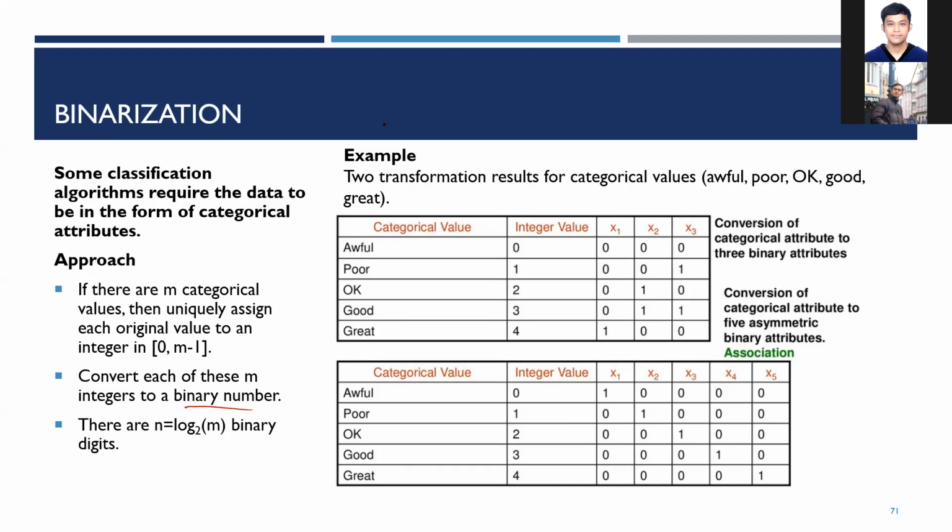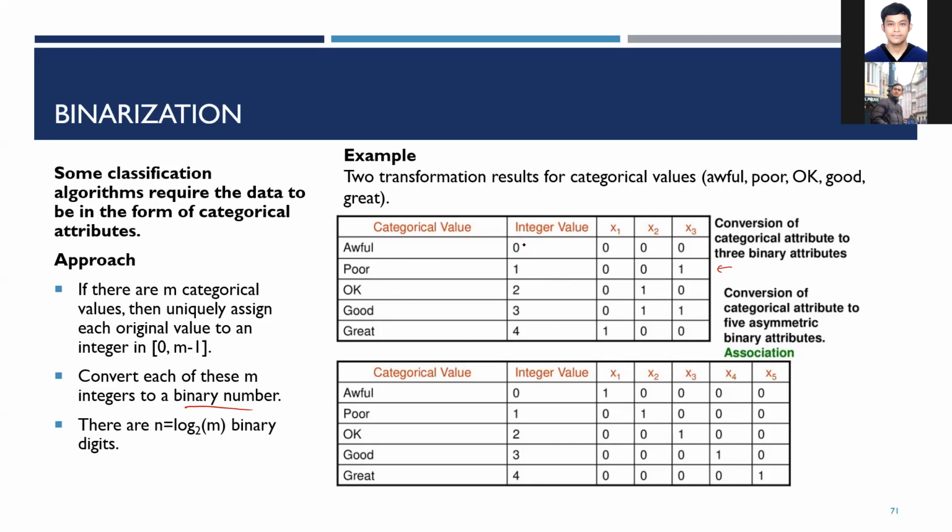So what we can do is transform it like this. Here the categorical value, for example a Likert scale, is an integer value, but the algorithm works better if it processes binary values.